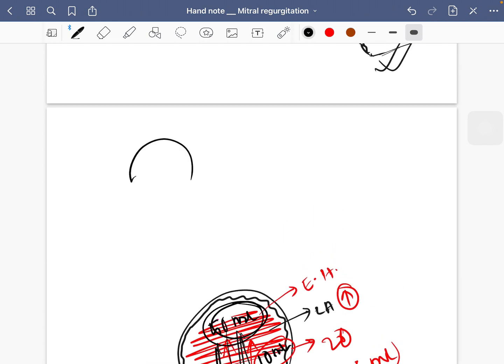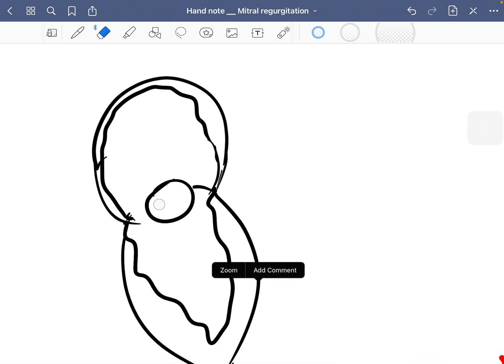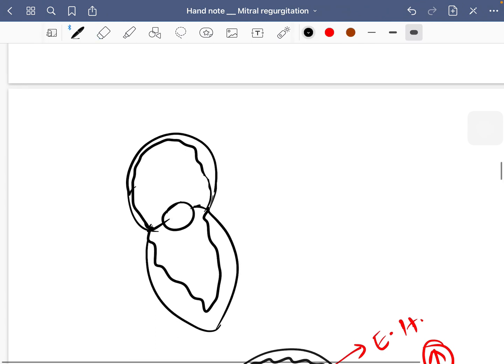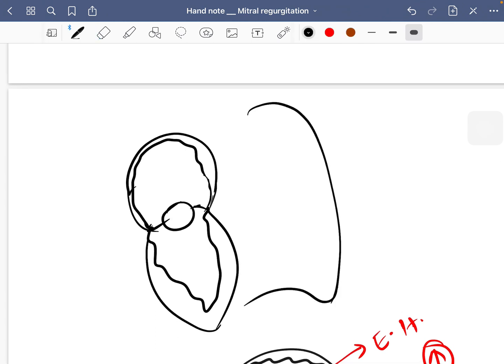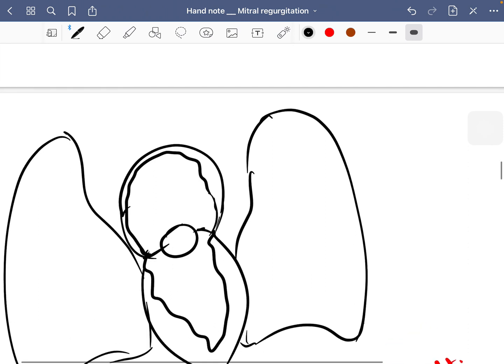Suppose this is the left atrium, and this is the mitral valve, and this is the lung bed, two lungs. I have drawn here only the left side of your heart to avoid the complexity.